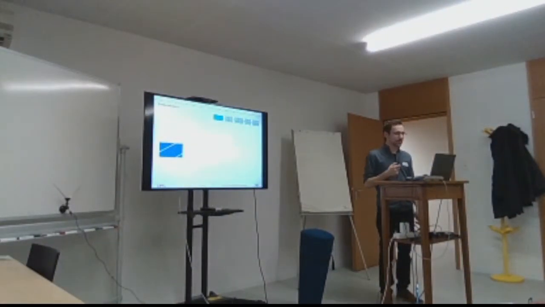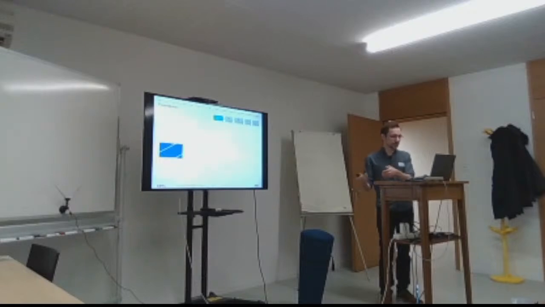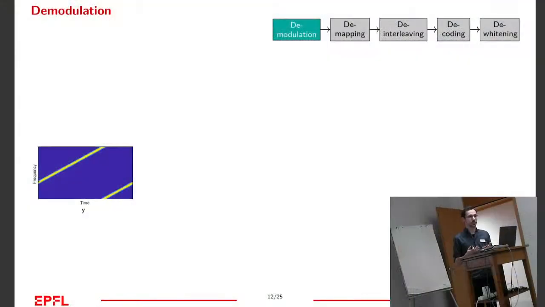Now we have transmitted the signal, we want to receive it. And the first step is to get from that signal, which is an electromagnetic wave, back into values such as bits, bytes or decimal values. To demodulate LoRa's chirps, there is a very efficient way to do it, and it's one of the key aspects.